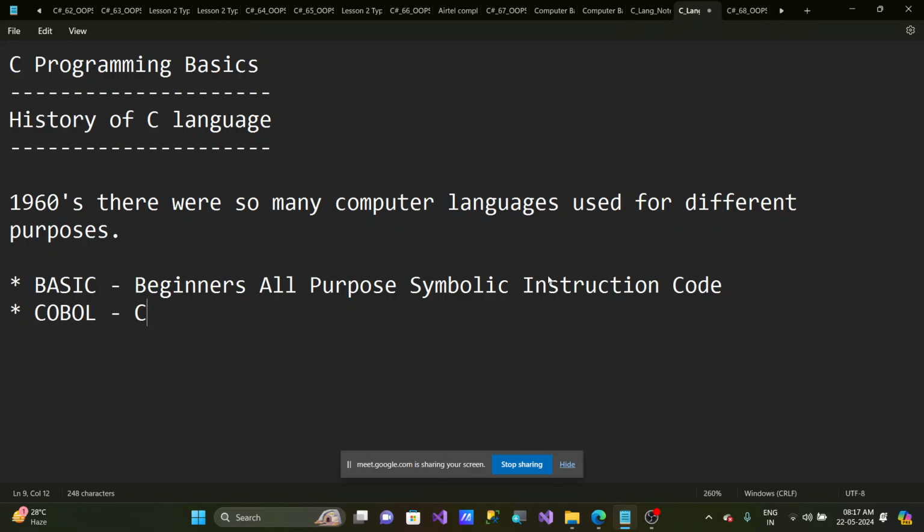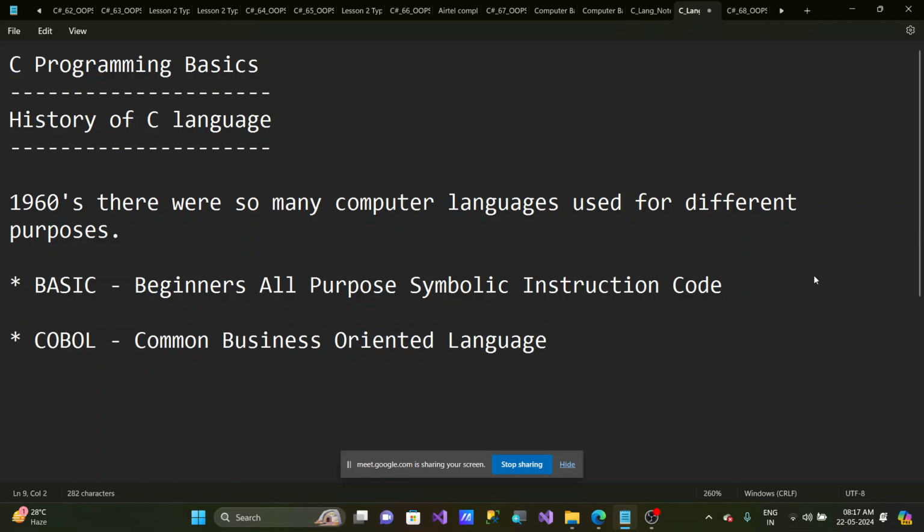COBOL stands for Common Business Oriented Language. Generally, BASIC is learned by beginners. Beginners always start their programming skills with BASIC.